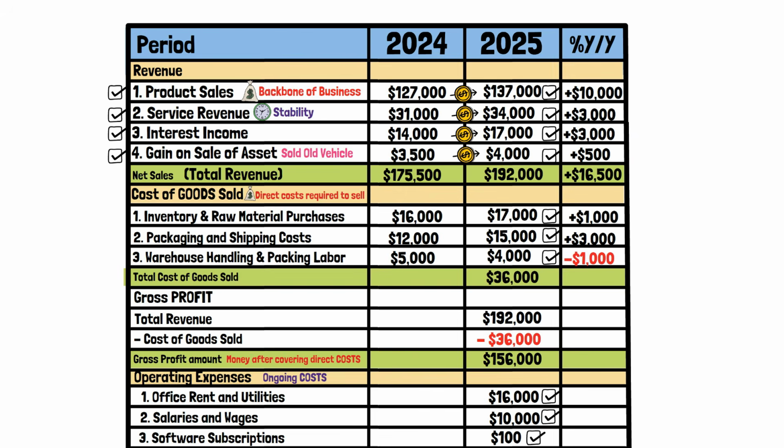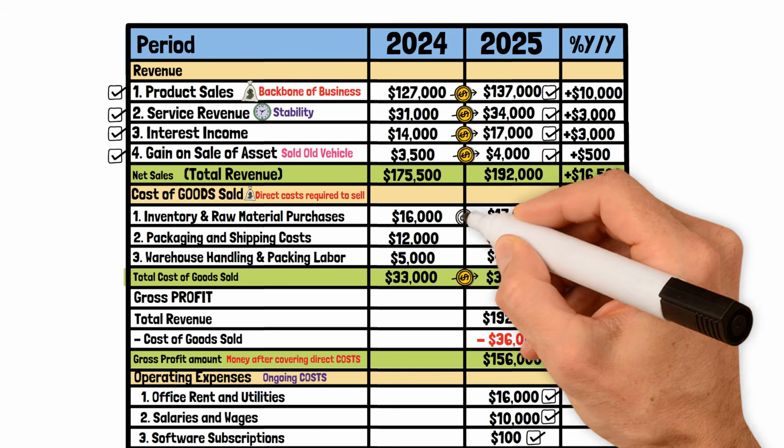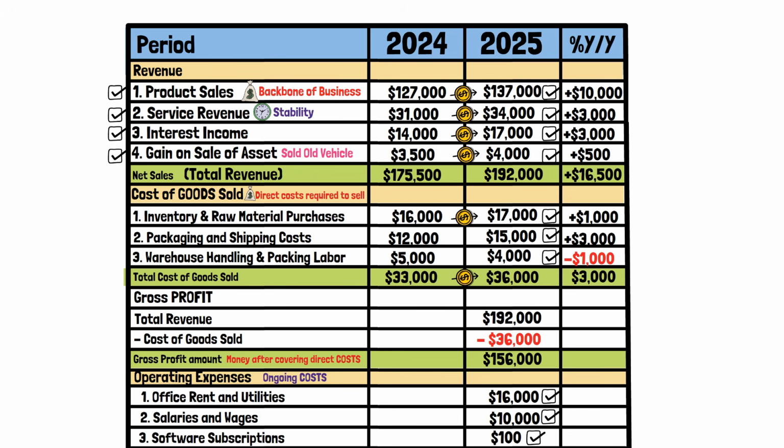On the cost side, total cost of goods sold increased from $33,000 in 2024 to $36,000 in 2025. This increase is expected because higher product sales usually require more inventory, packaging, and handling. Inventory purchases rose from $16,000 to $17,000.